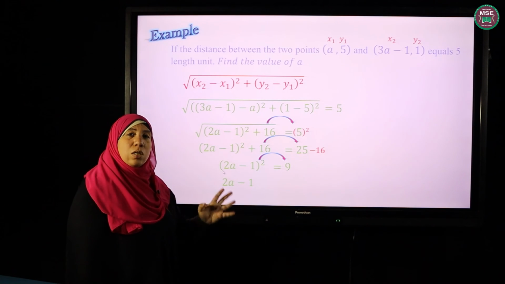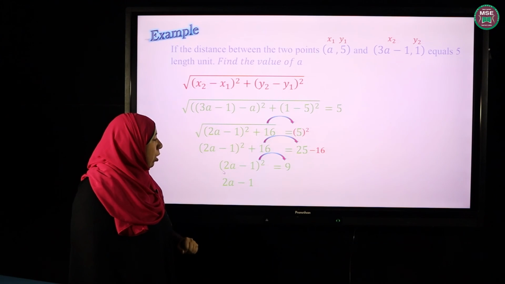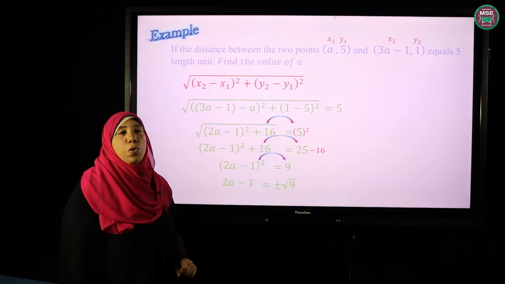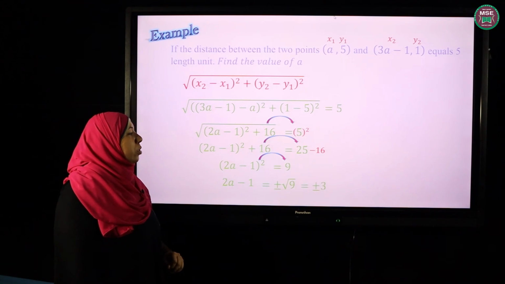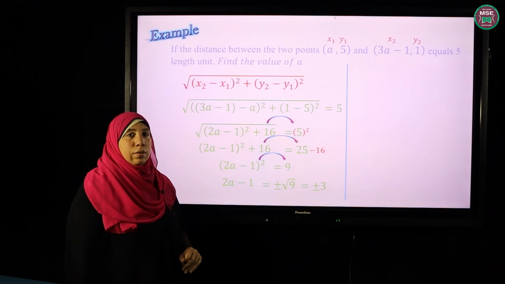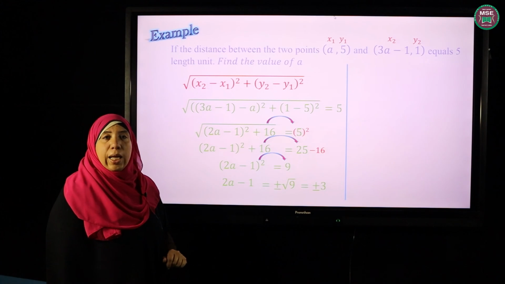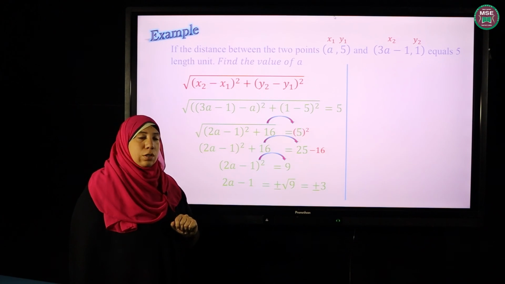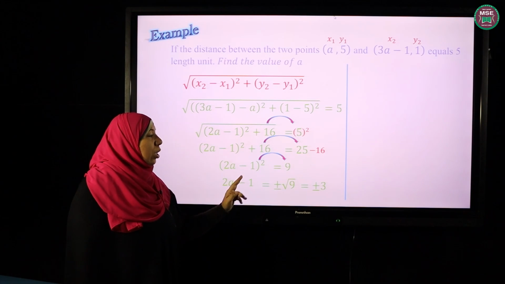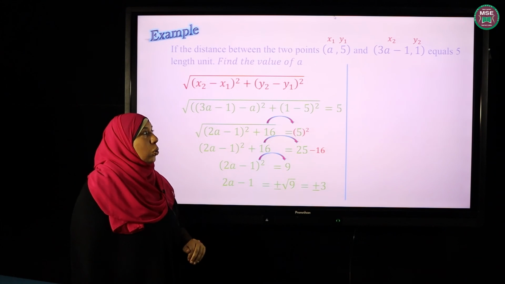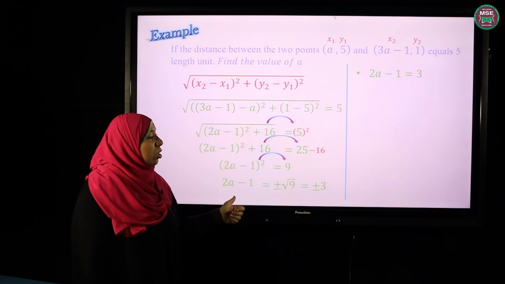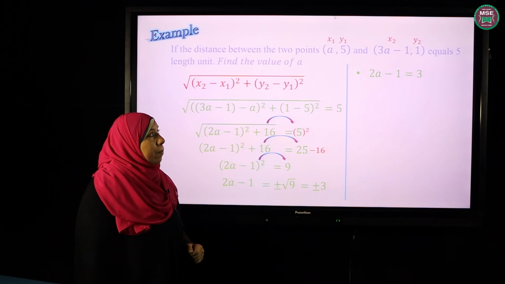So 2a minus 1 equals positive or negative square root of 9, which is positive or negative 3. Now, as you took in second prep, we will divide this into 2 equations. So I have 2a minus 1 equals 3 or 2a minus 1 equals negative 3.